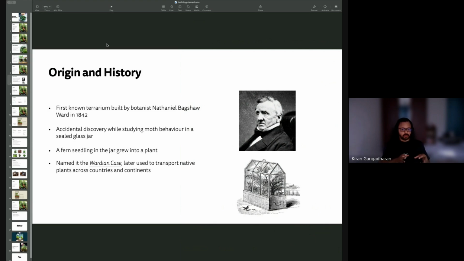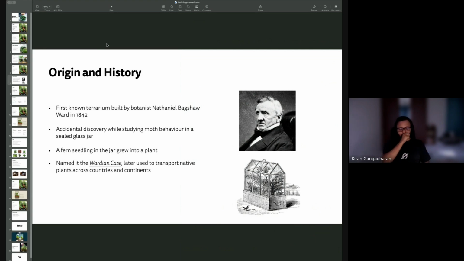Because earlier, before the Wardian case ever existed, transporting plants was a very big problem. You could only transport them by sea, and the harsh climatic conditions made it difficult for these plants to survive the journeys, especially across continents.